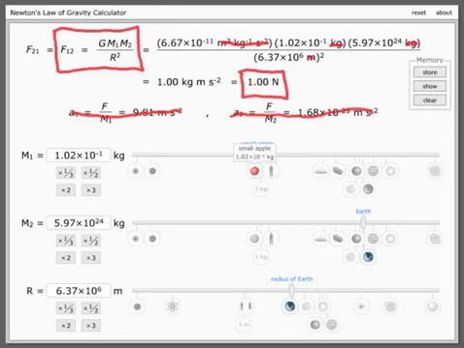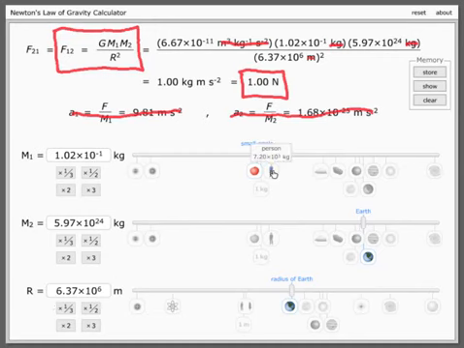You might remember, when I did this calculation, I used a 1 kilogram apple, which would be a really big apple. A small apple would be 0.1 kilograms, that's 1 times 10 to the negative 1. Mass 1 is the apple, and mass 2 is the Earth. You can see they find a force of gravity of 1 newton using a distance, like we did, of the radius of the Earth.